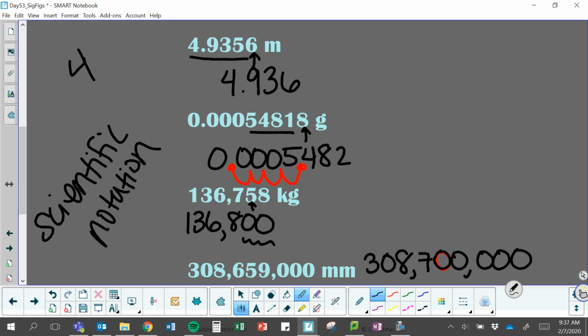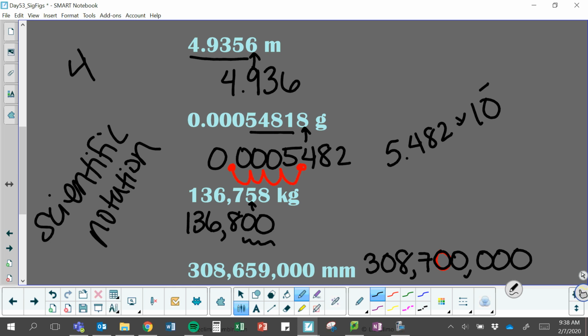So our final answer in scientific notation would be 5.482 times 10, and this is where we put an exponent. If the number that we have in scientific notation is smaller and we're moving our decimal place to the right, we're going to make this a negative exponent because 5 is much bigger than our 0.0005.